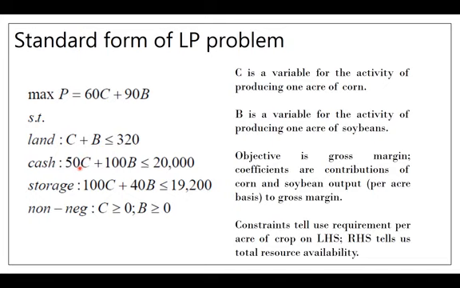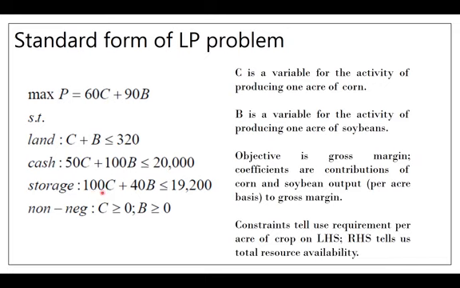Moving down here to the cash constraint, every time I plant an acre of corn, my available cash on hand for putting out the crop, right, for putting it out, maintaining it, dealing with any transportation that requires cash payment. Think of this as sort of a credit line or a cash on hand, right, because it is bounded at 20,000. Every time I use or decide to plant to market an acre's worth of corn, I'm going to use up $50 of my available cash. For soybeans, that'll be $100 per acre.